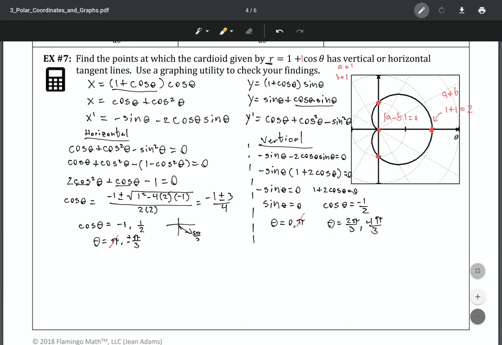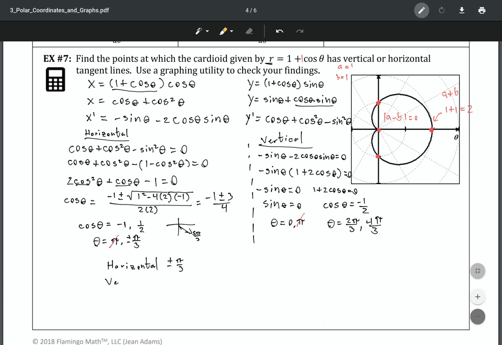Anyway, so therefore, my horizontal tangents will be officially on positive and negative pi over 3 for sure.